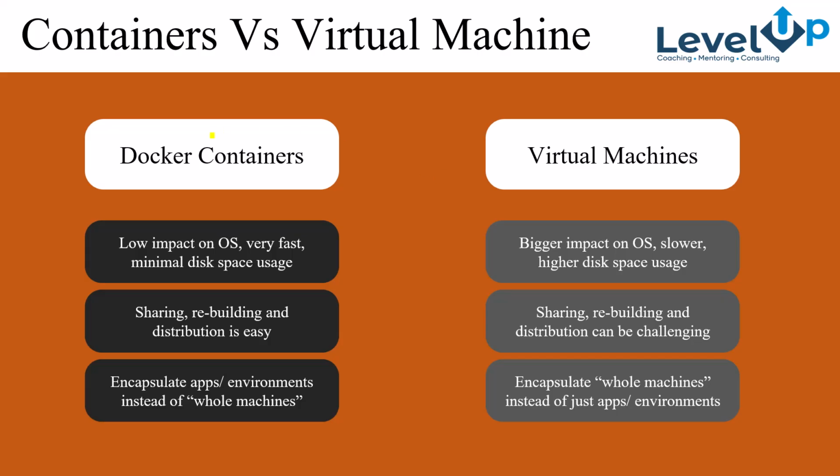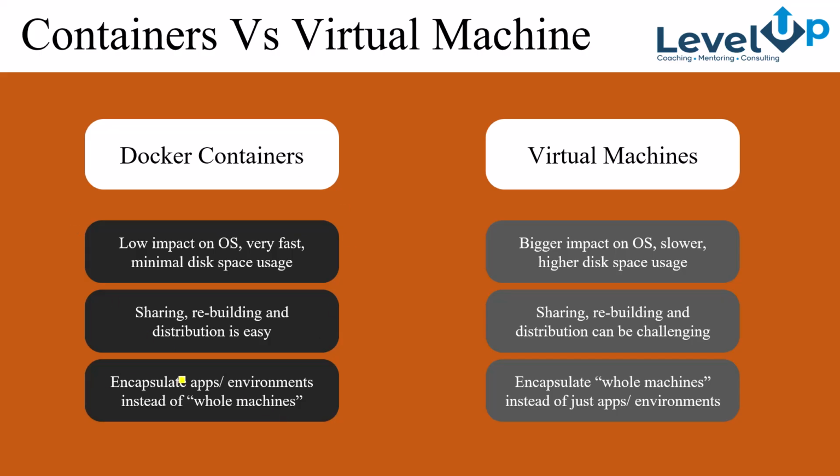And let us see a couple more differences. Docker has a low impact on the OS, very fast and minimal disk usage space. We can share and rebuild, and distribution is very easy in the case of containers, but in the case of virtual machines it will be very challenging to share them.